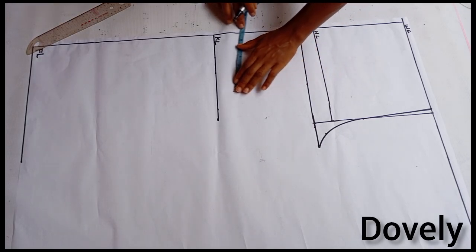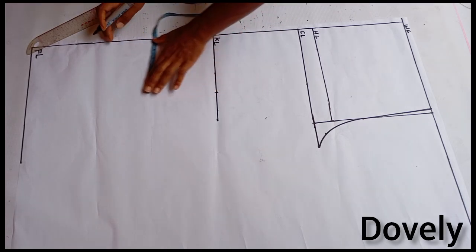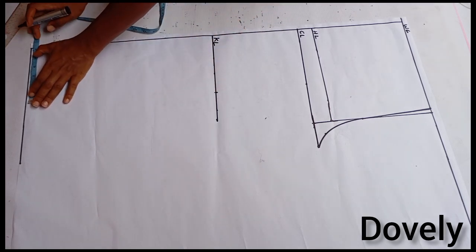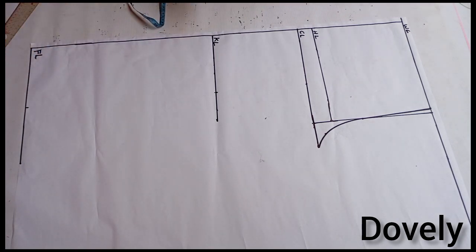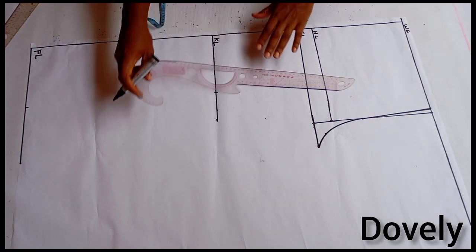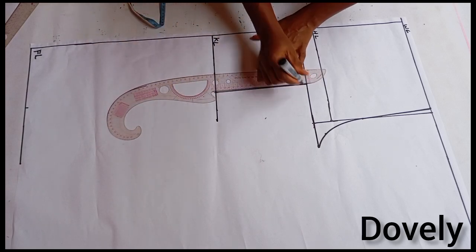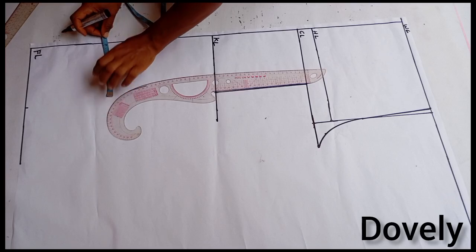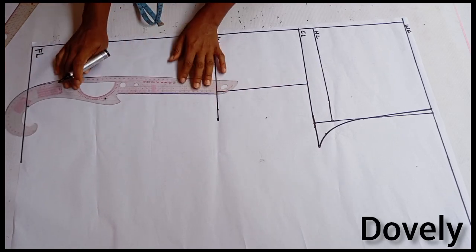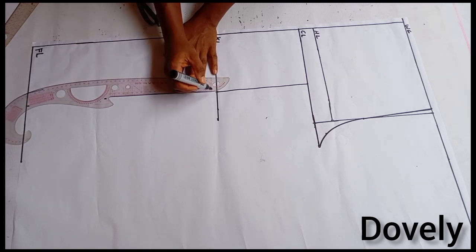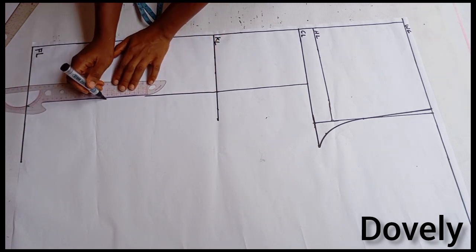So this is 6.5, and I'm going to go ahead and mark 6.5 on my knee and on my full length. Then after that, I'm going to connect. My ruler is not so long, so I need to mark it somewhere very close so that I can be able to join the lines together.